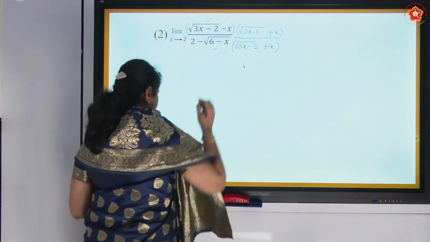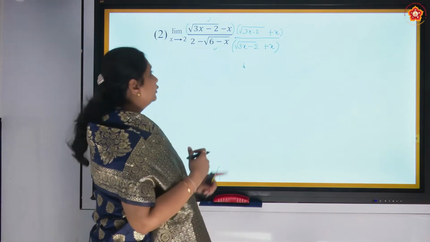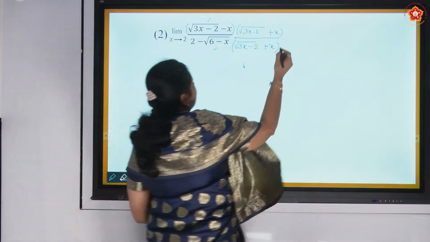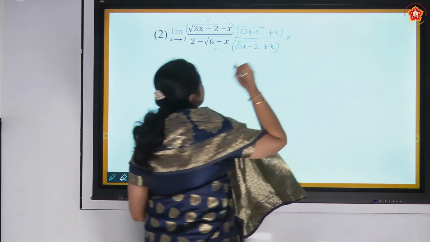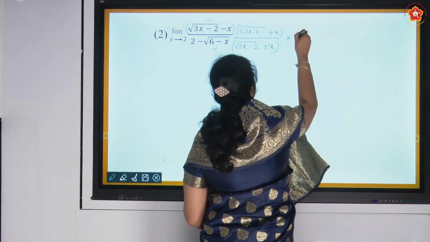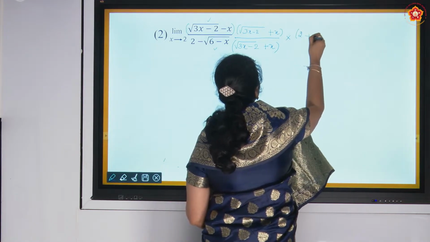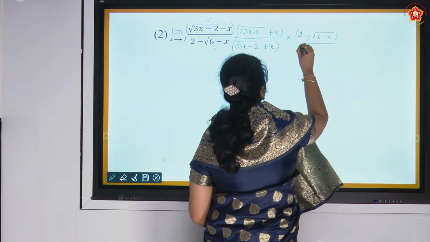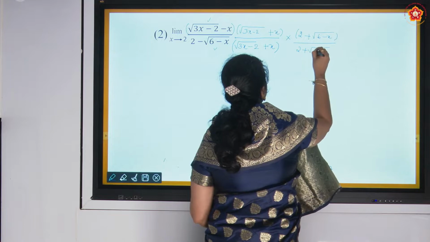Now I don't want to stop here. I want to rationalize the denominator also. So I'm going to multiply by the rationalizing factor of the denominator too. So I'll multiply by 2 plus root of 6 minus x divided by 2 plus root of 6 minus x.